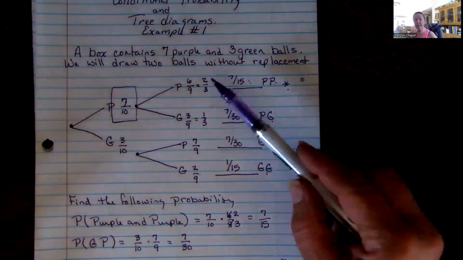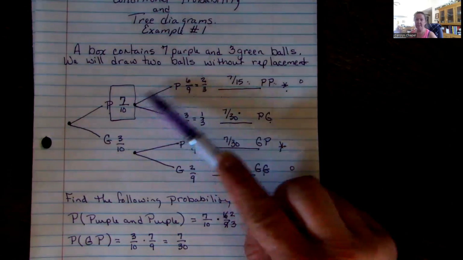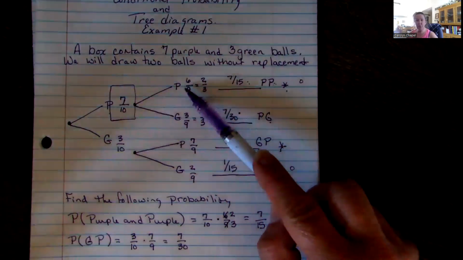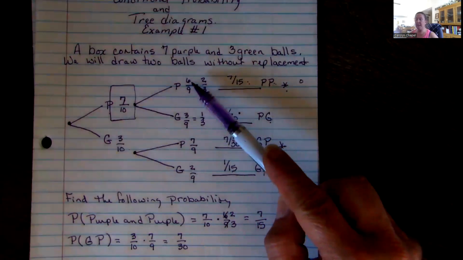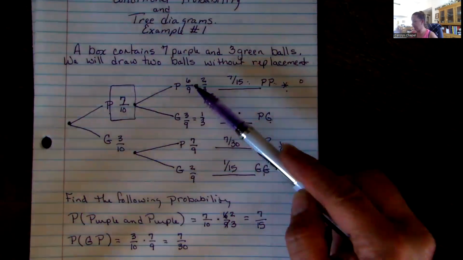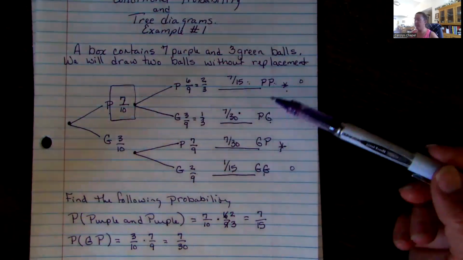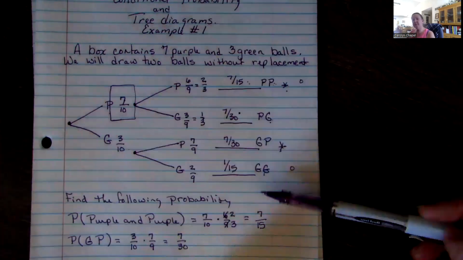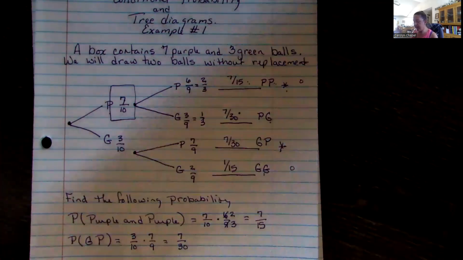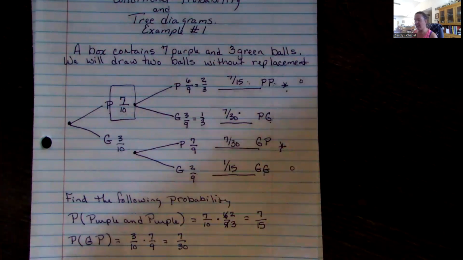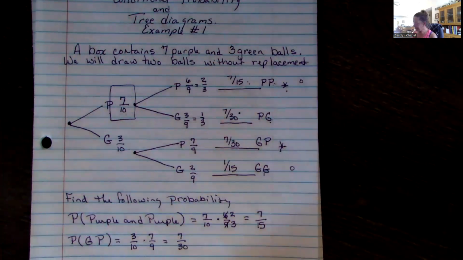Okay, and 42 of those, I'm just taking the 7 times the 6, 42 of them would have been this PP situation. So we could have talked about how many we would have had, except using the probabilities, it gets a little bit easier when we have branches that all look the same.